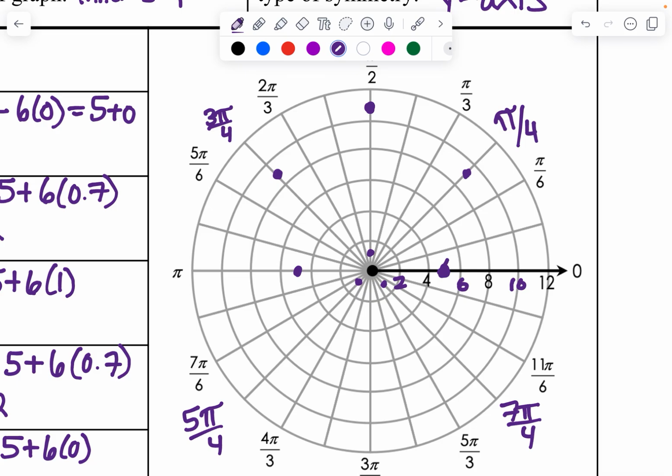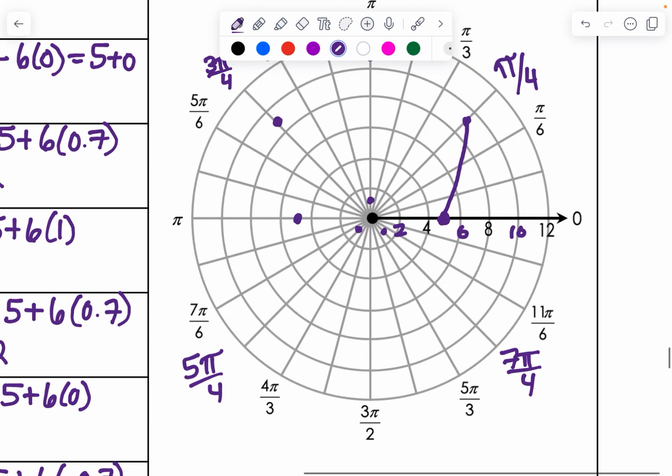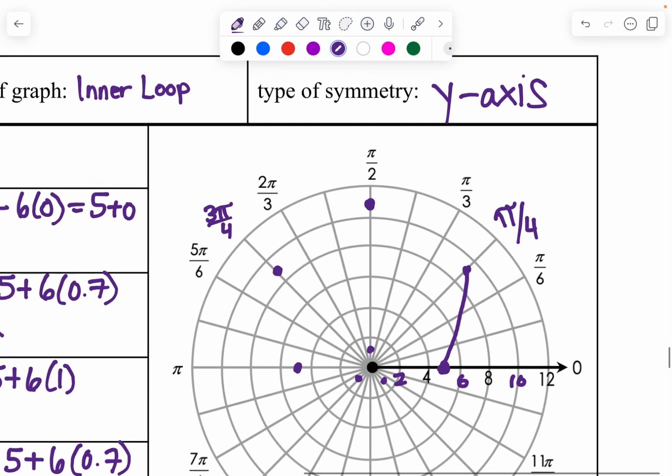Okay, so we're starting here, we're curving out through these points, here, into here. So there's my inner loop.